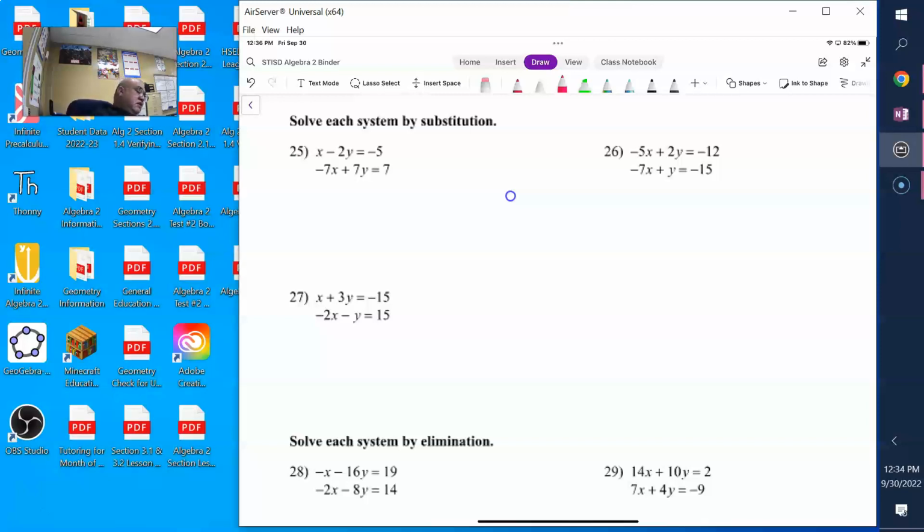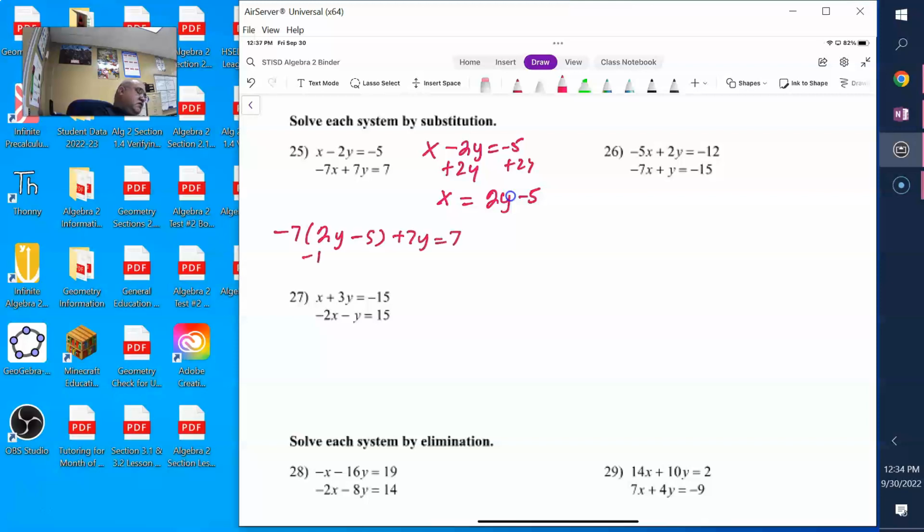So 25, I have x minus 2y equals negative 5. I'm going to solve for x. So x minus 2y equals negative 5. You add 2y to both sides. So x equals 2y minus 5. So what I'm going to do now is substitute into the second equation. Negative 7 parentheses 2y minus 5 plus 7y equals 7.